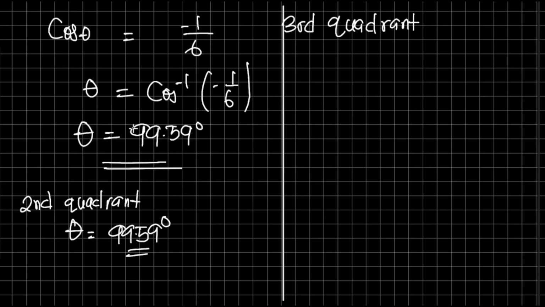So this answer is in the second quadrant. What is this answer? 180 minus 99.59. What is cos 99.59?